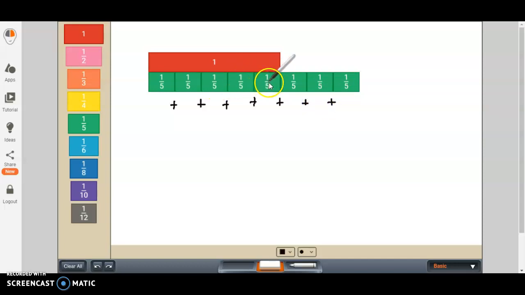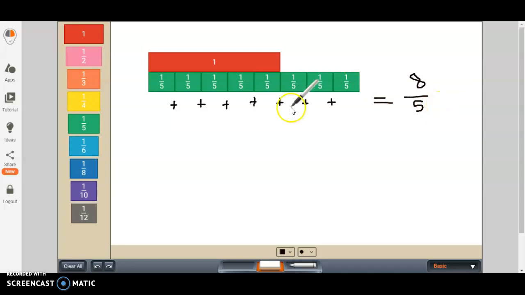And I haven't changed how many pieces make a whole, it's still 5 pieces make a whole, right? I still have the denominator 5 because that's how many pieces make a whole. But the number that I have, my numerator, is now 8. Because I now have 1, 2, 3, 4, 5, 6, 7, 8 pieces.